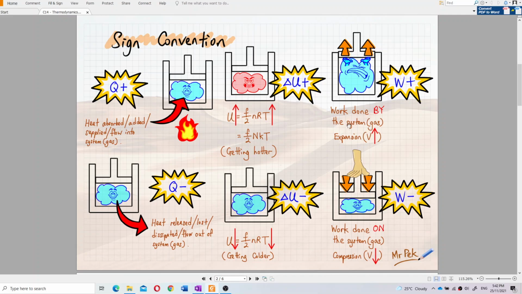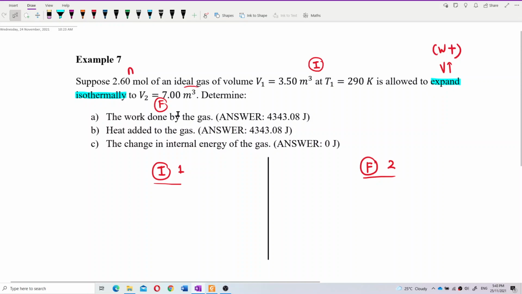So if the gas does work, it means work done is positive. You see, from V1 3.5 it expands to V2 7.